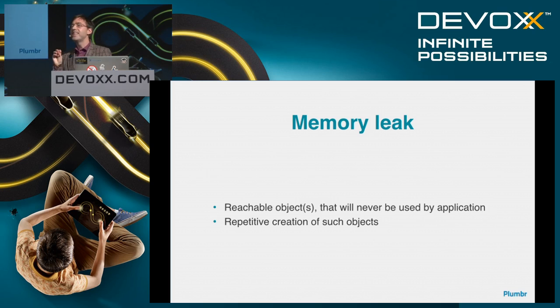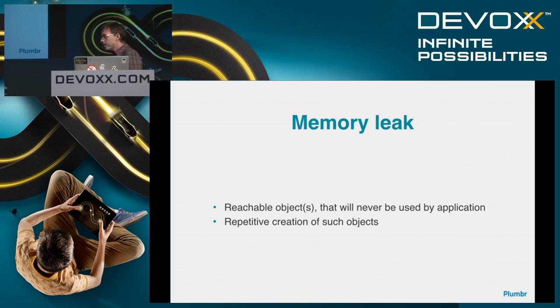So that's not a technical definition, that's a business definition. That's your application-specific definition. It totally depends upon your application, business rules, and algorithm whether some object is leaked or not. Will it be used by your application in the future or not?